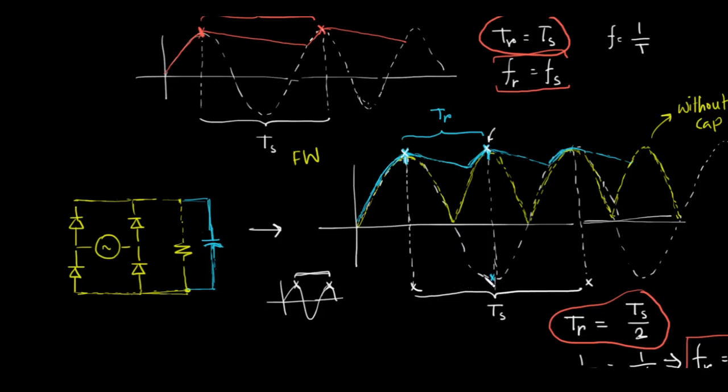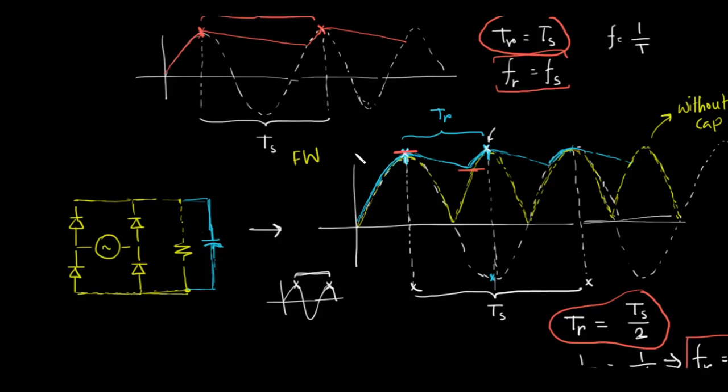What does peak to peak mean? Peak to peak means the distance between the upper peak of the ripple and the lower peak of the ripple. Okay, suppose this point is the upper peak of the ripple and this point is the lower peak of the ripple.